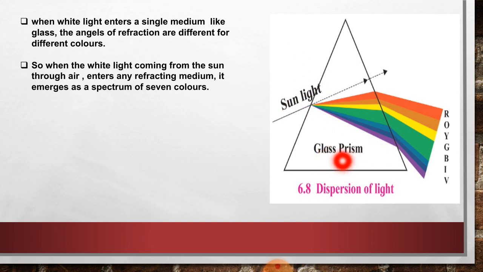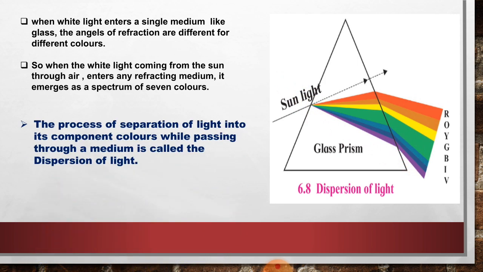Air is a rarer medium and glass is a denser medium. So the light comes from the rarer to the denser medium and emerges as a spectrum of 7 colors. Spectrum means what? A bunch of different colors. So what will it get? It will get different colors, a 7 color spectrum.